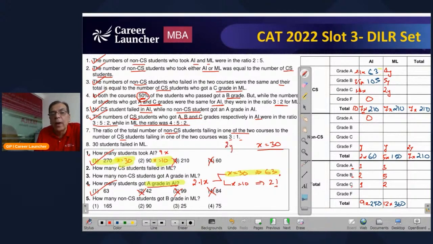So if this is 2y, the other will be 2y upon 3, that means 2/3 of y. So what do we have now? We know that 4y plus 5y plus 2y plus 0.66y is equal to 210. So 4 plus 5 is 9, plus 2 is 11.